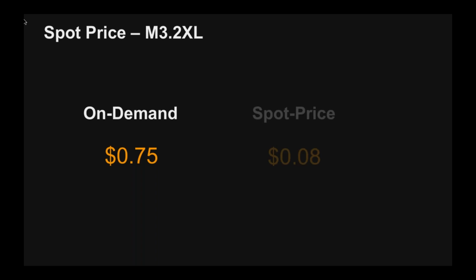That'll cost you 75 cents an hour. The spot price does fluctuate, but it's often around the 8 cents an hour mark. So that's a significant difference, and that potentially allows you to spin up a very, very large cluster and get your processing done even more quickly, but save a lot of money on that.